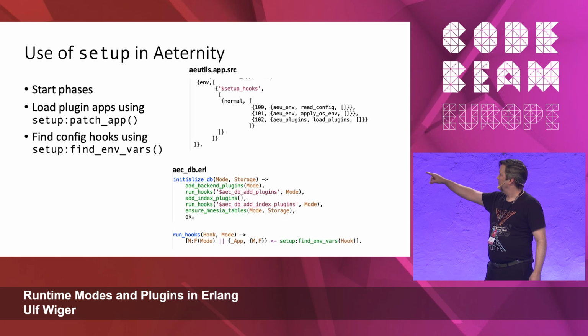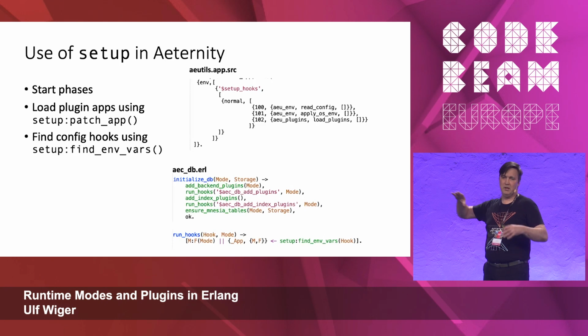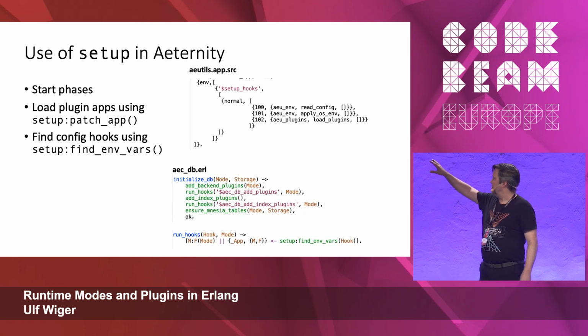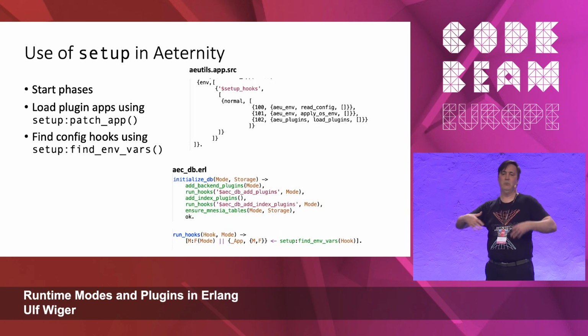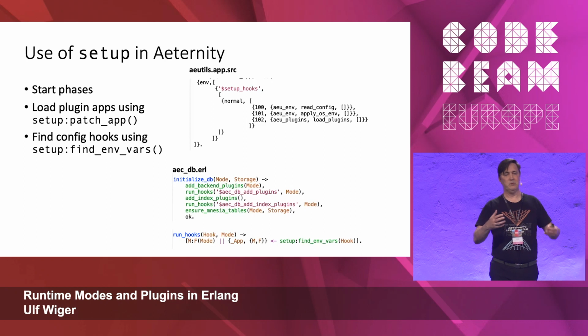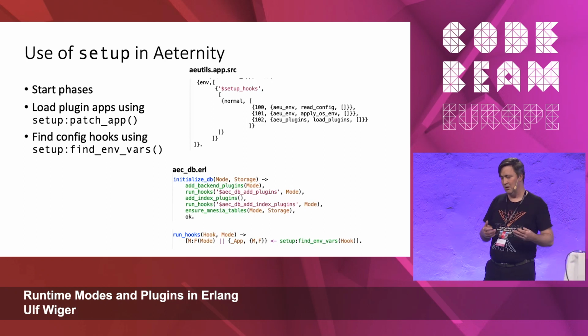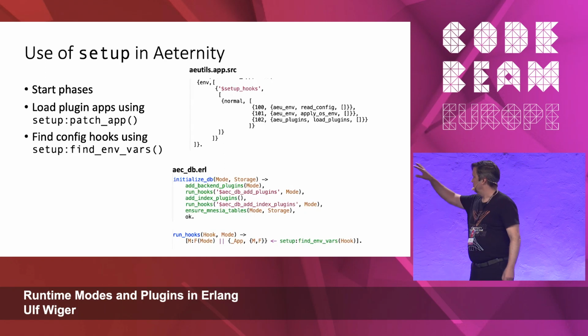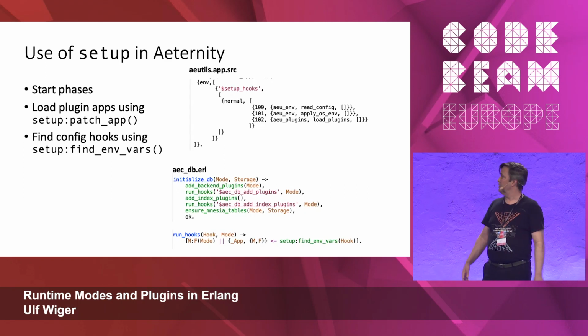And then if it finds setup hooks for normal startup mode, you could have, say, an upgrade startup mode or installation startup mode as well. We're not using that. So basically, start phase 100 will read the config. Then 101 will apply OS environment variables, so you can redefine config variables using OS application environments. Those are hooks that are called by setup.